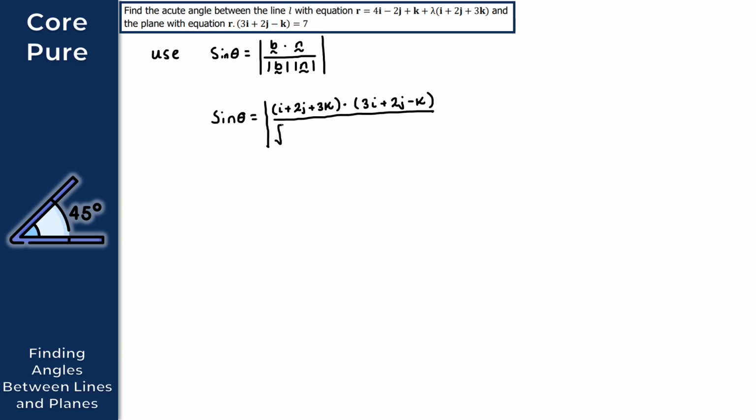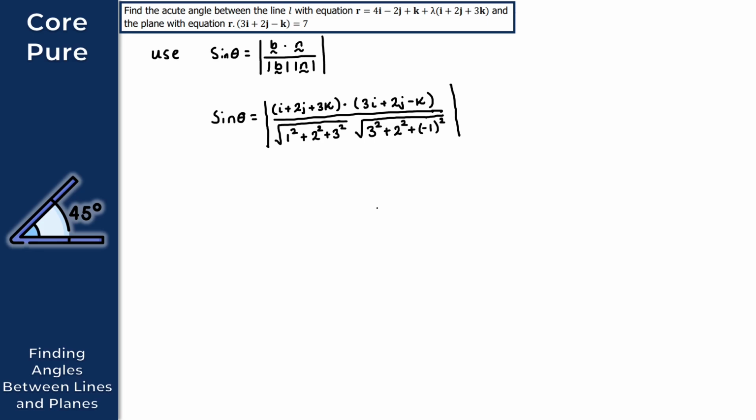We get the square root of 1 squared plus 2 squared plus 3 squared, and then we times this by the square root of 3 squared plus 2 squared plus minus 1 squared. And we take the modulus of this full expression.